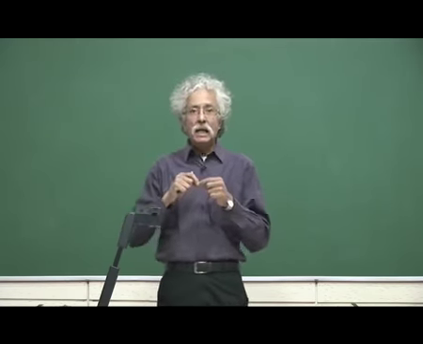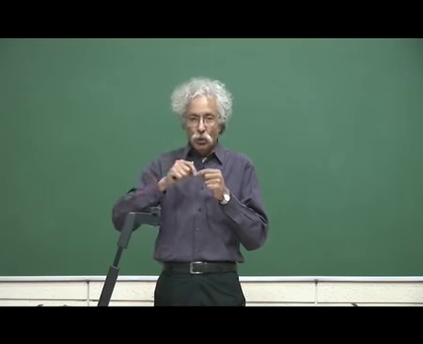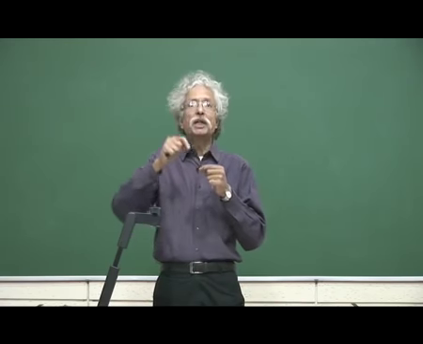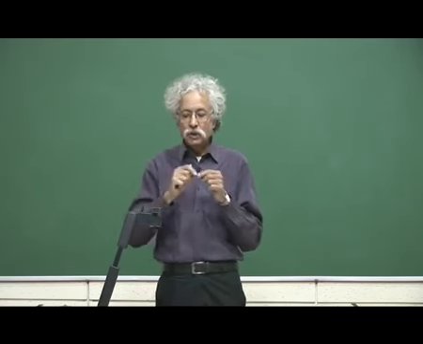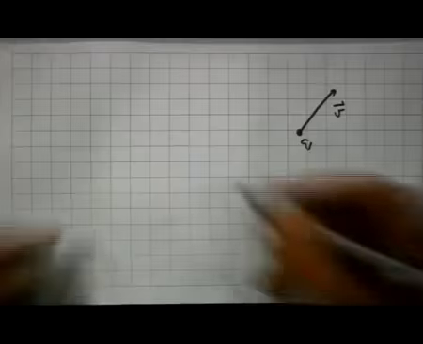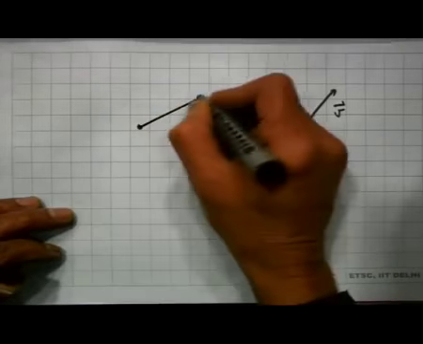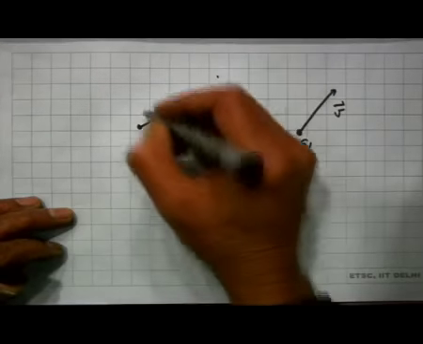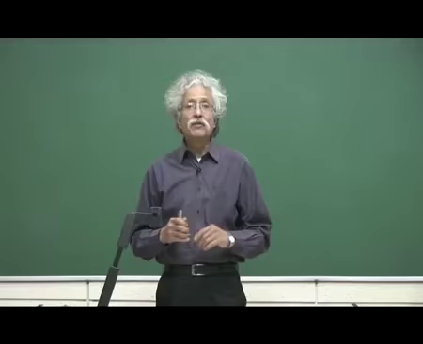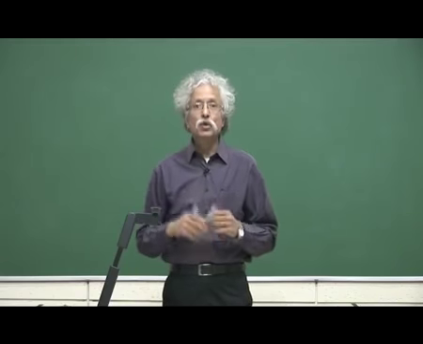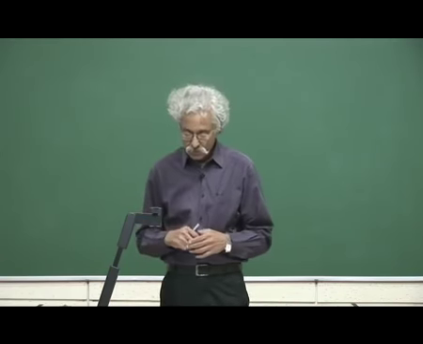We find that as I change the direction of motion of the charge, along one particular direction there is no magnetic force. If the charge moves in this direction, there is no magnetic force, but if it moves like this, there is a particular force acting on the charge. So there is one special direction along which, if I move the charge, there is no magnetic force.